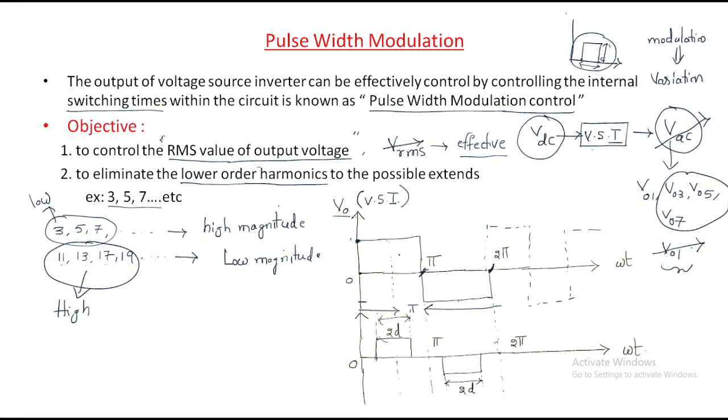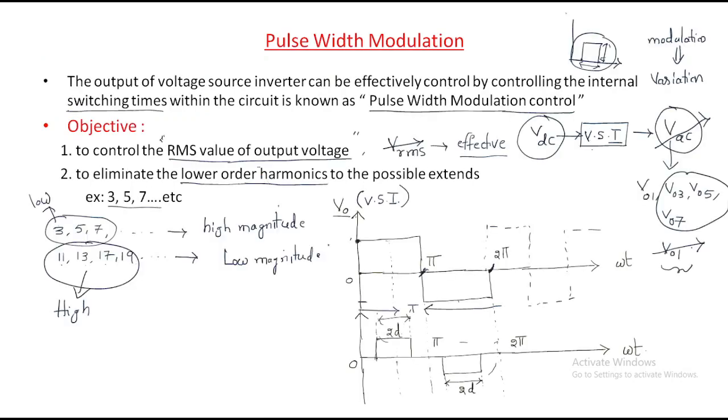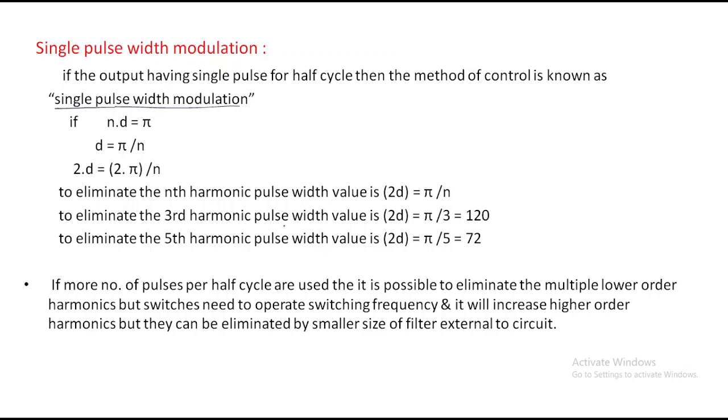This is the output after the pulse width modulation. For each and every half cycle, it consists of only a single pulse. Then it is known as single pulse width modulation.